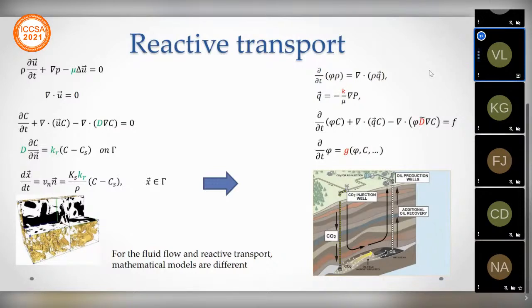And to upscale the permeability, to obtain the permeability at the reservoir scale, we have to solve Navier-Stokes equations at the pore scale, and to solve it, we typically apply the projection method, where we have to solve the Poisson equation for the pressure.